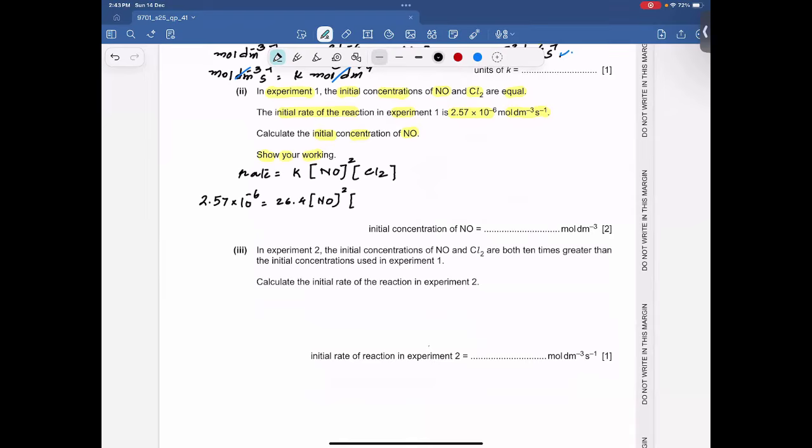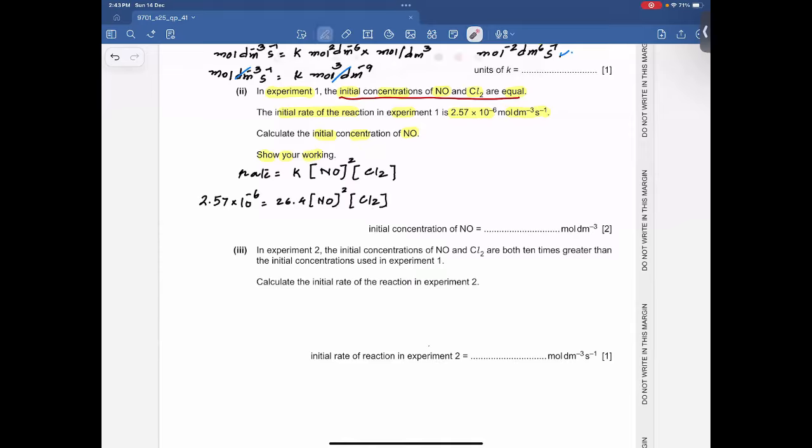Okay. So the initial concentration of NO and chlorine are equal. And that means I'm going to use x square and then x. So it's going to be x cube.